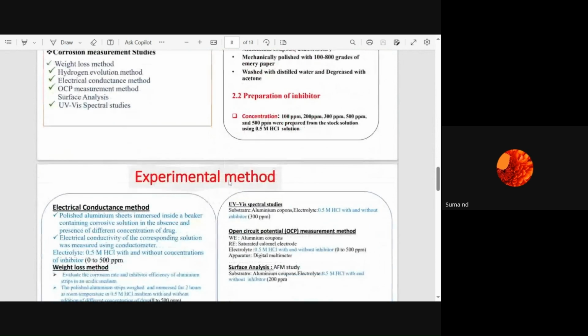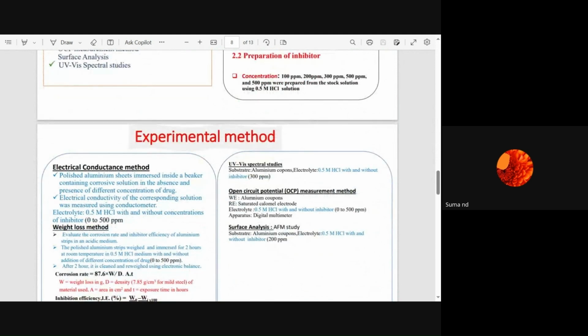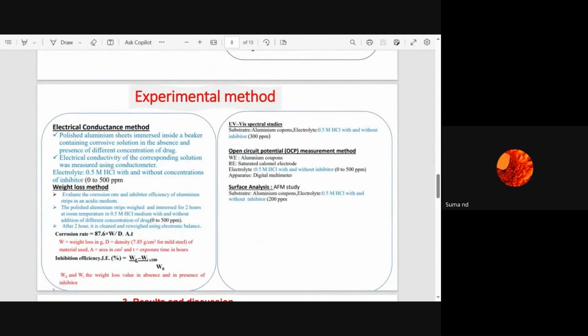The corrosion studies were conducted using the electrical conductance method, weight loss method, UV visible spectra, open circuit potential measurement, and surface analysis. Using the weight loss method, we can calculate the corrosion rate and inhibition efficiency of the aluminium coupons in different concentrations of the telmisartan drug.